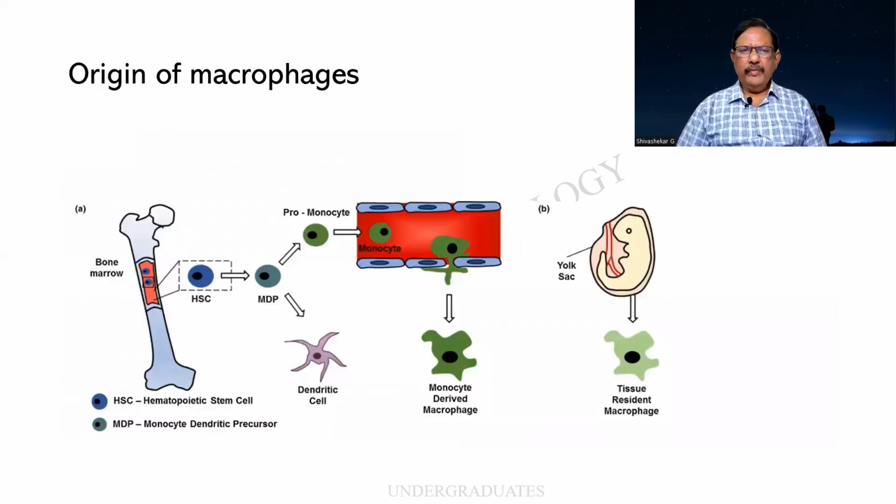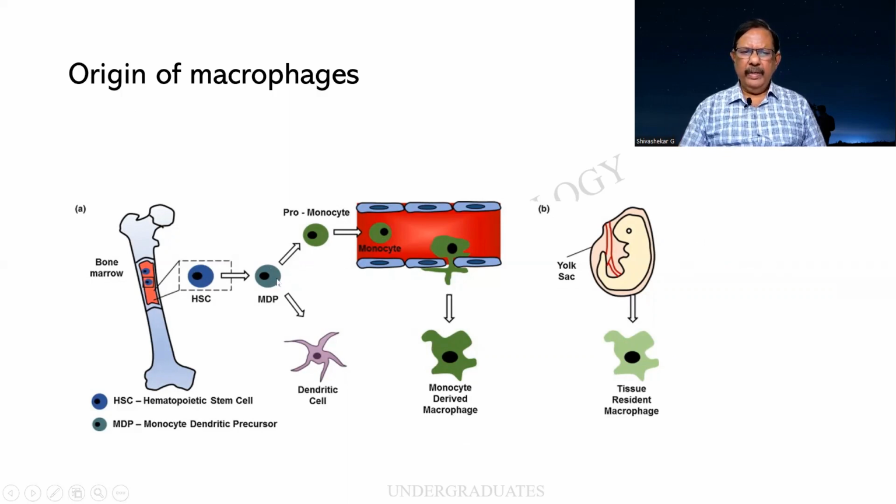Now, what is the origin of the macrophages? We are still dealing with the macrophages. There are two sites of origin. One is the bone marrow. In the bone marrow, we have a cell called the hematopoietic stem cell. There are a lot of stem cells. One is a committed stem cell, from which you will have the promonocyte and then the monocyte.